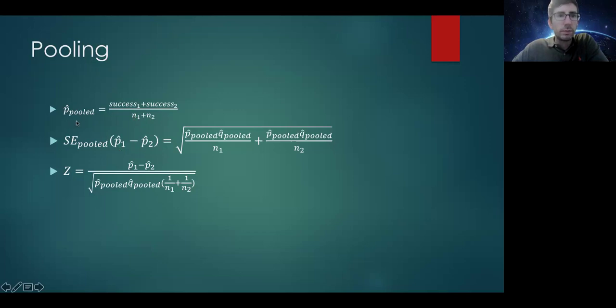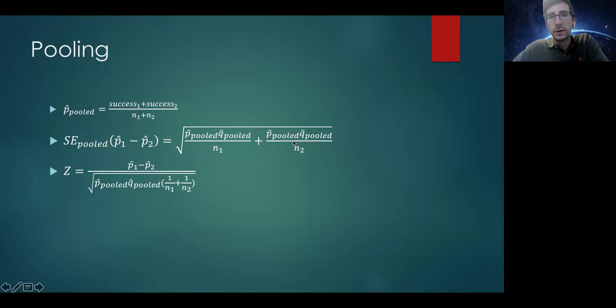And so once you have p hat pooled, to calculate the pooled standard error of p hat 1 minus p hat 2, we use this formula here: p hat pooled times q hat pooled, where q hat is just 1 minus p hat pooled. We divide that by the first sample size n1.